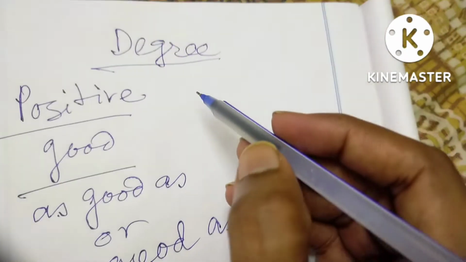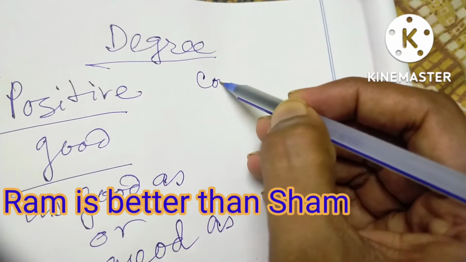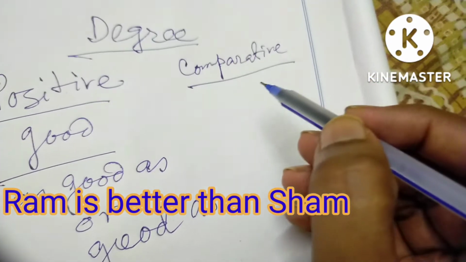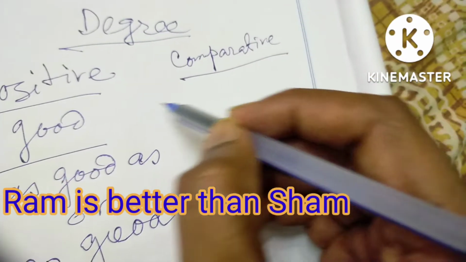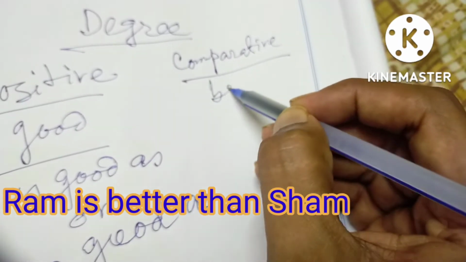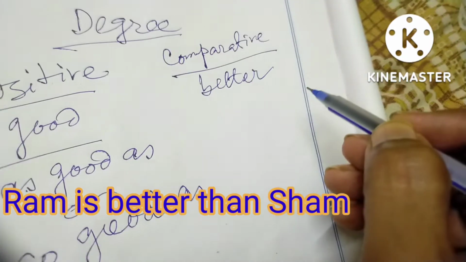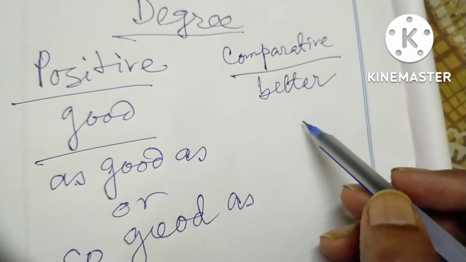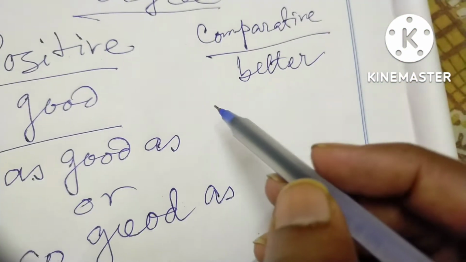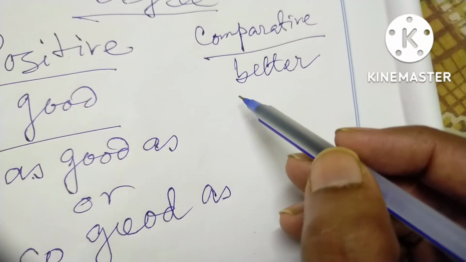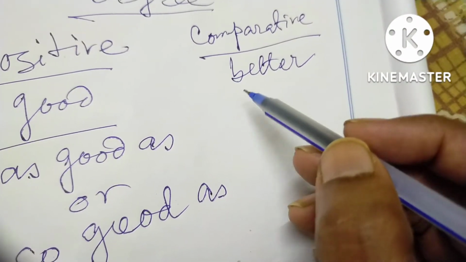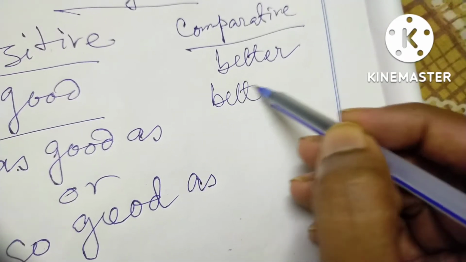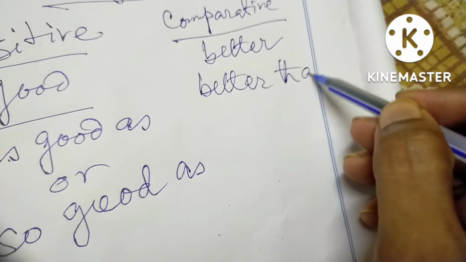In the case of the comparative degree, the second form of good is better, as you have already learned. When we use better in a sentence, we use it by adding the suffix than: better than.